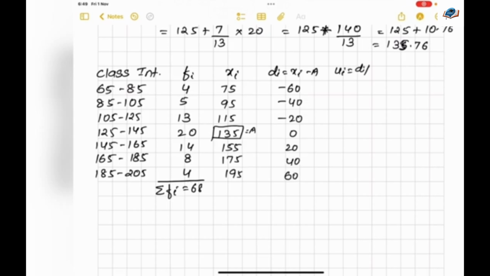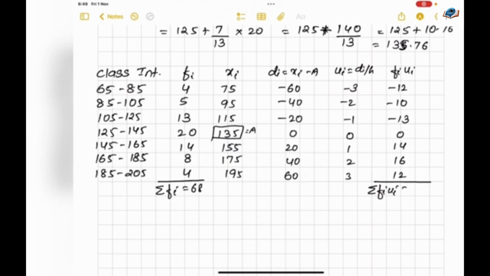So ui will be di by h. So divide by 20. So minus 60 divided by 20 will be minus 3, minus 2, minus 1, 0, 1, 2, 3. So fiui: minus 12, minus 10, minus 13, 0, 14, 16 and 12. So sigma fiui will be equal to 7.